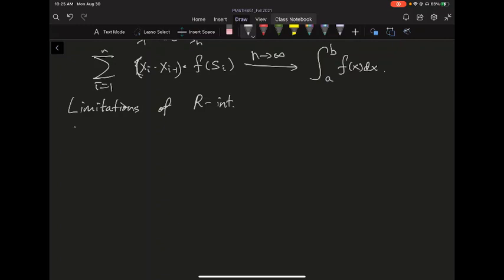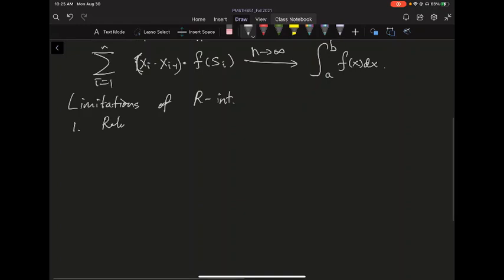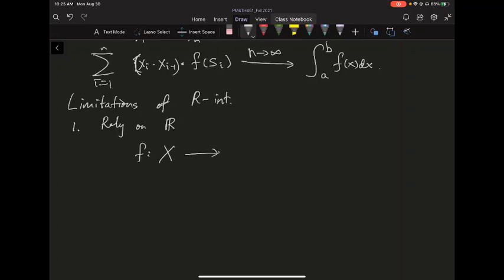So first of all, the first limitation is it heavily relies on the structure of the real line. As you can see in the definition, you are required to have a partition of the interval. And suppose you have some function f on some general space, let's say just X to, let's say, real valued functions.